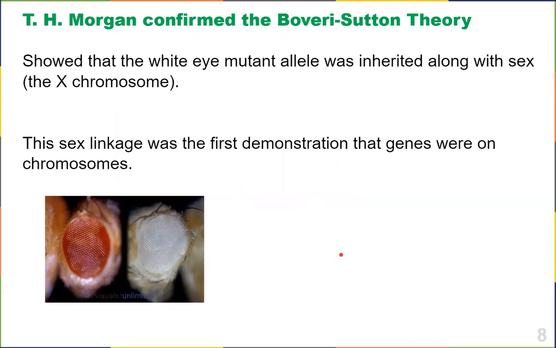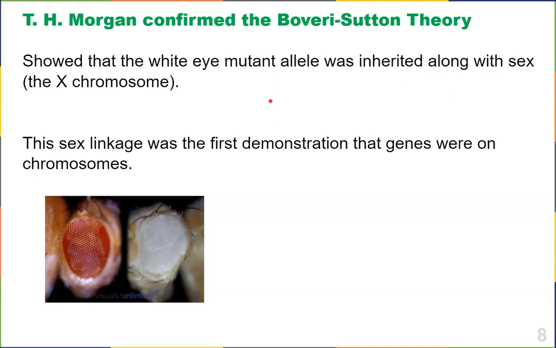Boveri and Sutton had this chromosomal theory. T.H. Morgan confirmed their theory by doing his own experiments, and then he kind of went an extra mile.